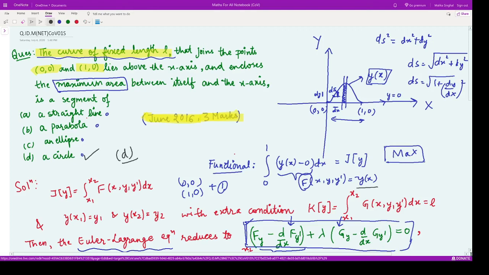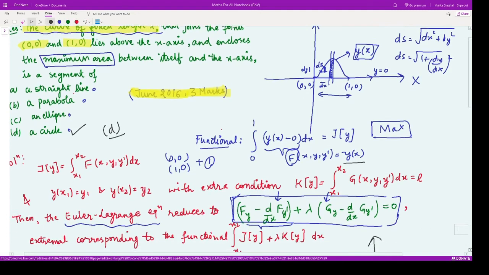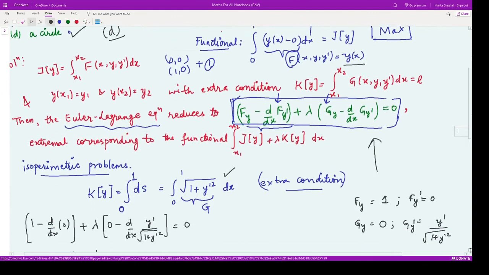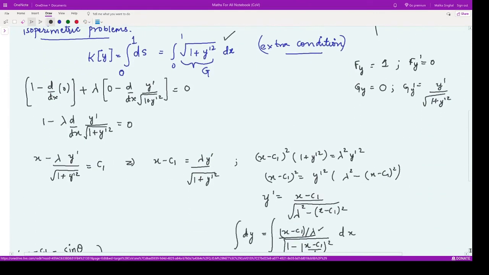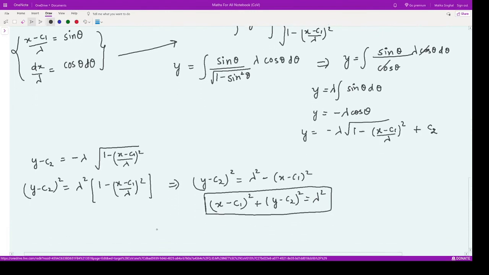But in this we have three constants. So let us evaluate these constants. In the question we are given three conditions. First is that the extremal passes through the point 0, 0, that is y of 0 is equal to 0. So using this, in this extremal we have c1 square plus c2 square is equal to lambda square.